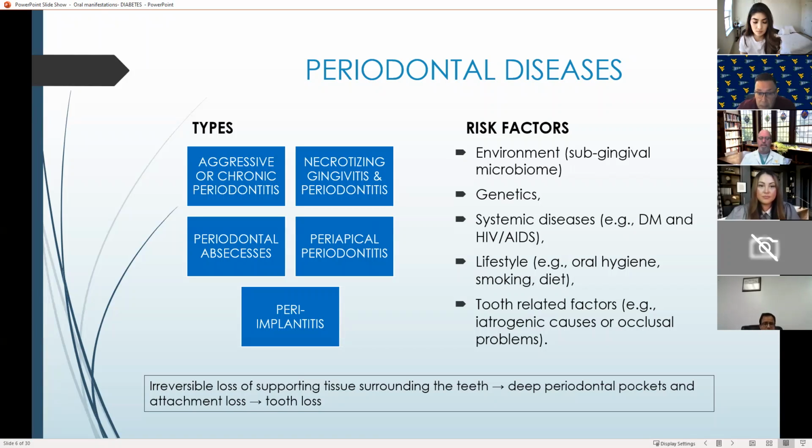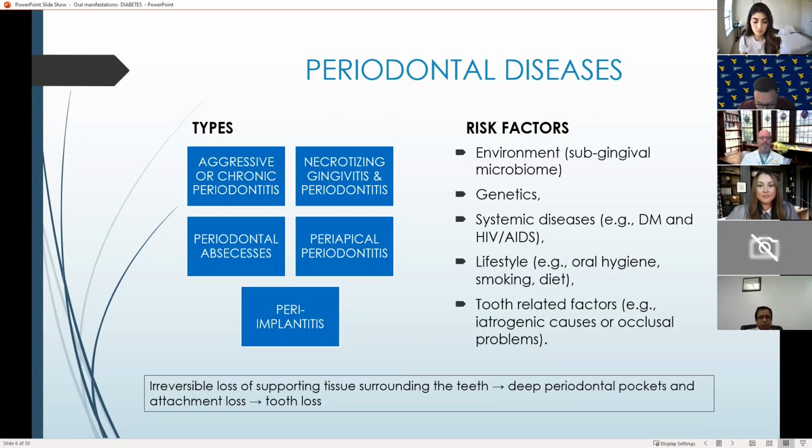So we have the environment, which is usually the subgingival microbiome, genetics, systemic disease such as diabetes, and a patient with any kind of immunosuppressed condition, lifestyle such as oral hygiene, smoking, diet, and tooth-related factors, for example, iatrogenic causes or occlusal problems.